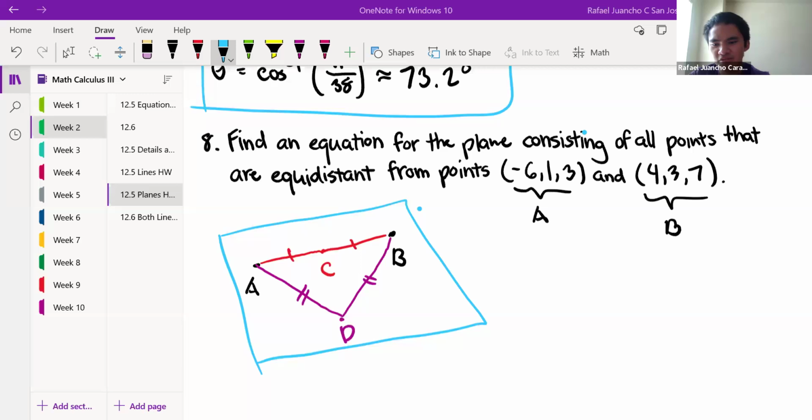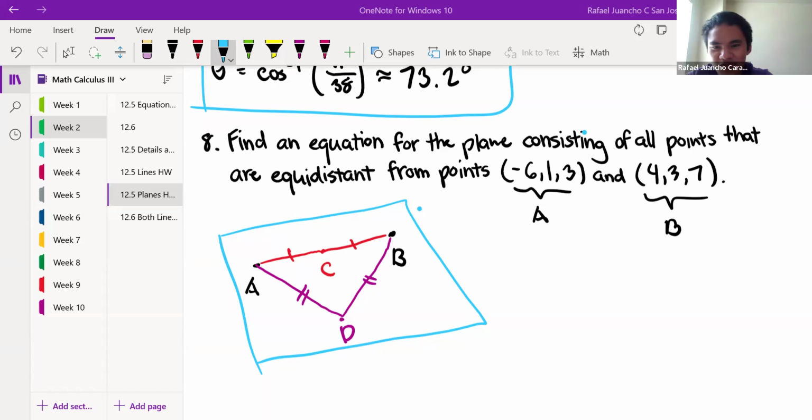So we're finding the plane consisting of all points equidistant from two fixed points A and B. That means any point P on the plane satisfies the distance from P to A equals the distance from P to B. Perpendicular bisector. I wish I knew that.